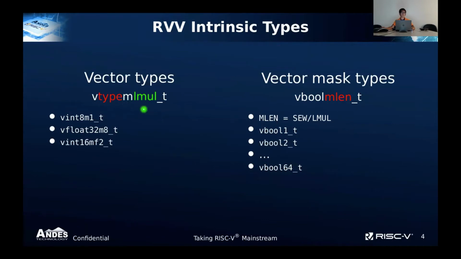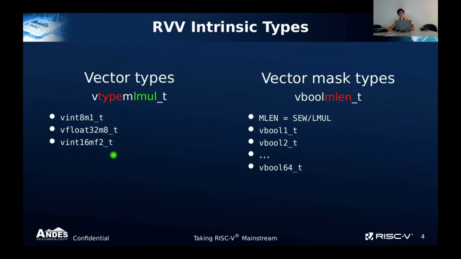They are used to store the data you want to compute with, and they encode the element type within the vector, which can be, for example, an 8-bit integer or a single-precision float. These mostly correspond to the C-level scalar types. The vector type also encodes the LMUL, which defines how many vector registers it uses. And the LMUL can go from 1 to 8.